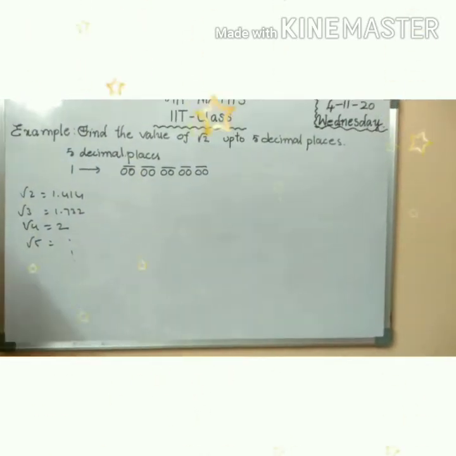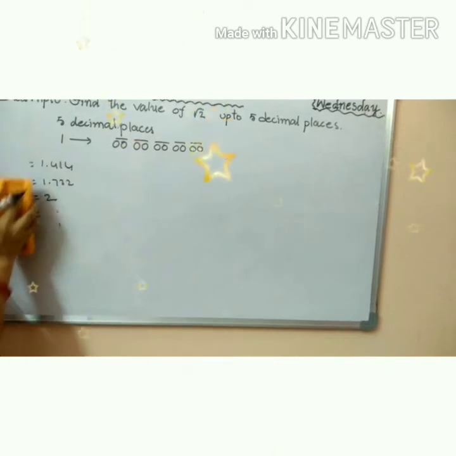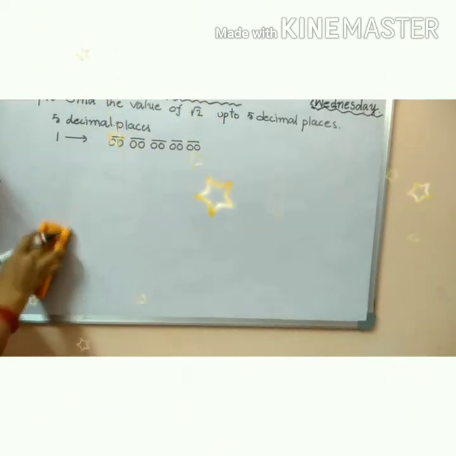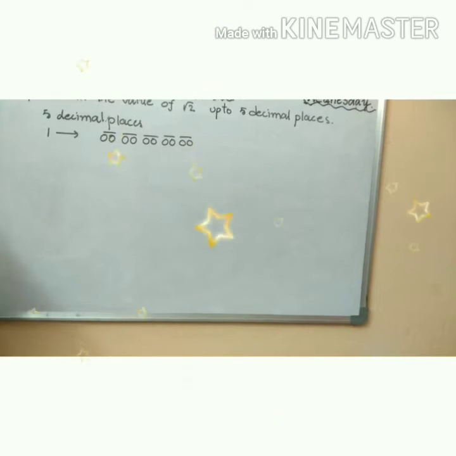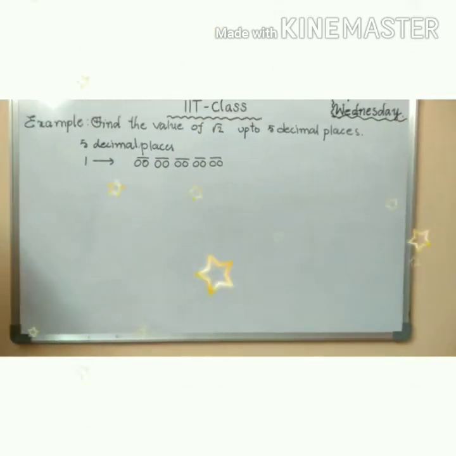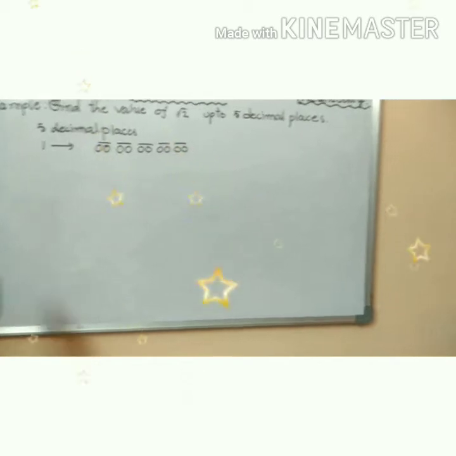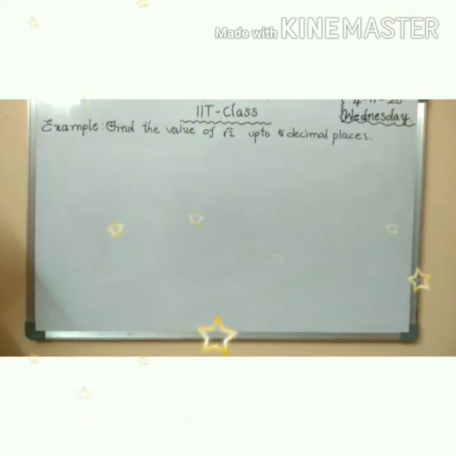So in this class, we'll see how we get the value. This is how we'll get the value of root 2. Root 2 up to decimal places.